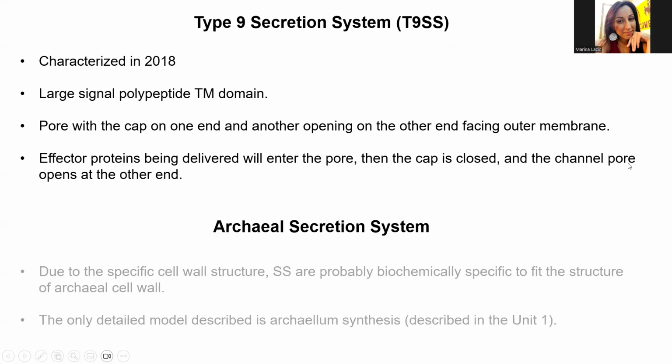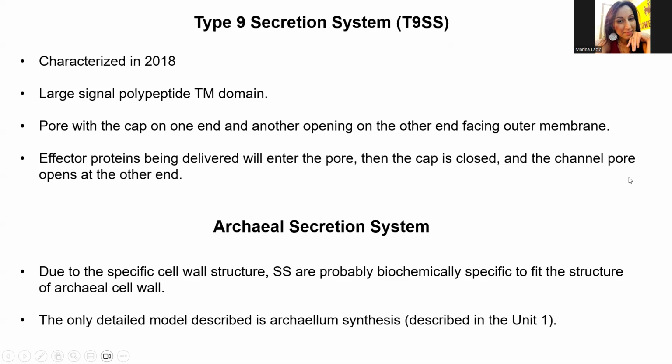In terms of Archaea, as usual, I don't have much to say about Archaea, which is not because they are bad, just because I don't know much about them and I don't work with them, and nobody works with them, so nobody really cares. We talked about archaeal transport systems when we described archaeal biosynthesis in Unit 1.